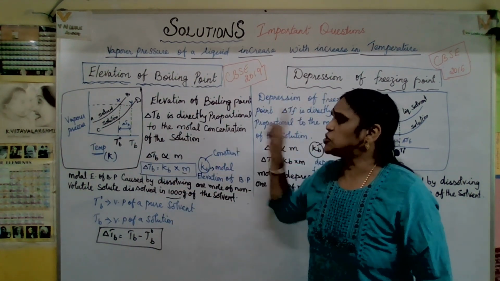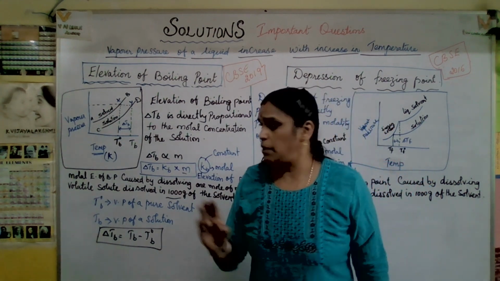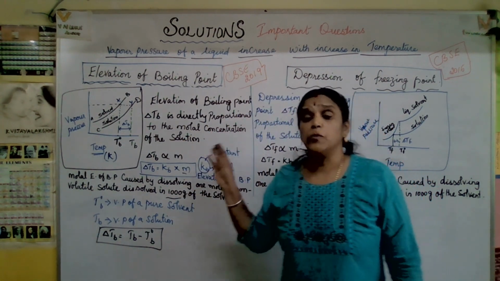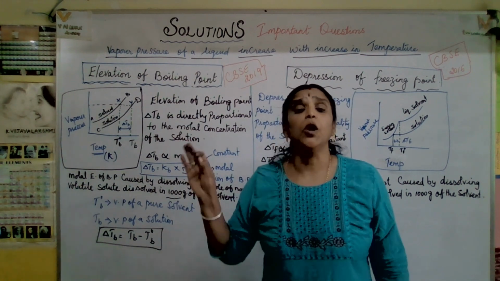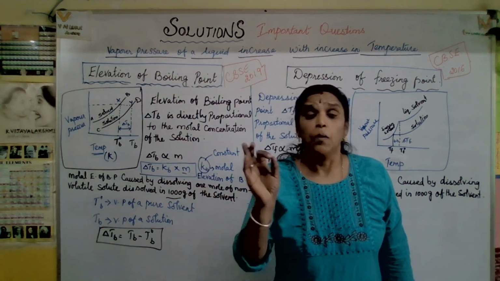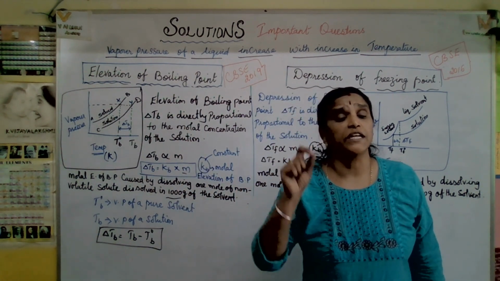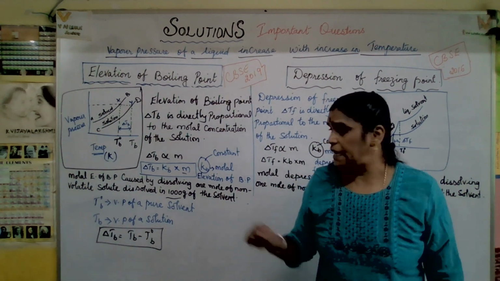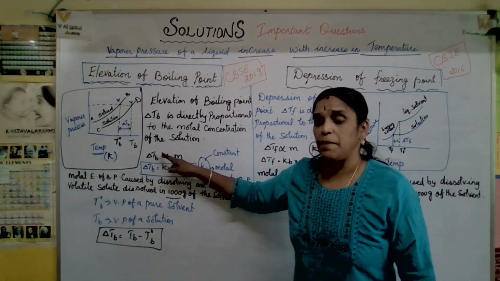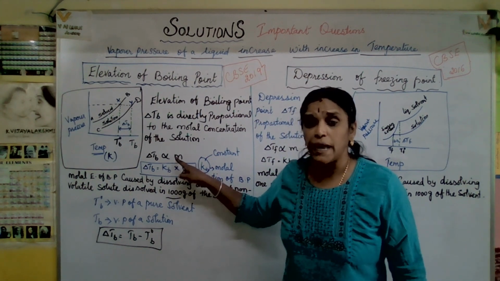Elevation of boiling point delta TB is directly proportional to the molar concentration of the solution, here mentioned as molality. Delta TB is directly proportional to small m.